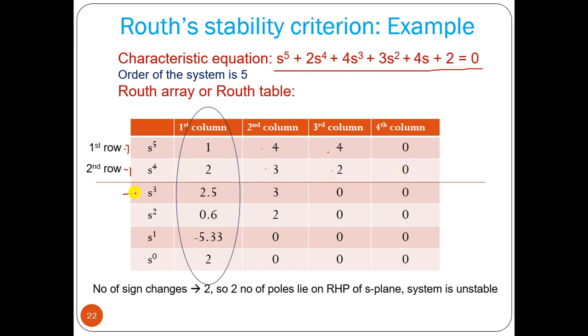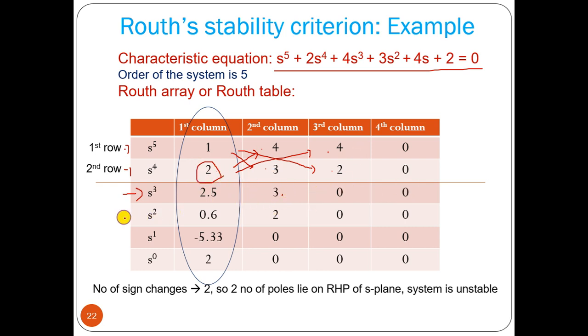Now we have to find out the next value. So we have to consider the previous two rows. So 2 into 4 minus 1 into 3 divided by 2. It will be 8 minus 3, 2.5. Then 2 into 4 minus 2 divided by 2. Okay, that will be 3. The other parts are 0.